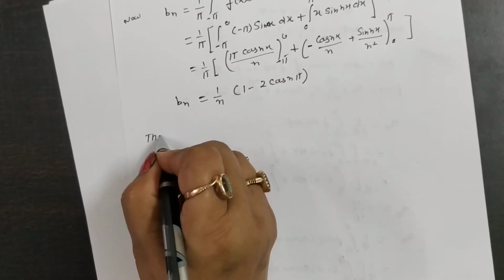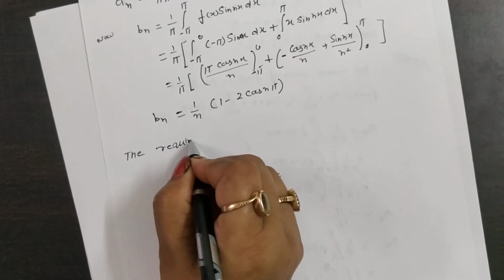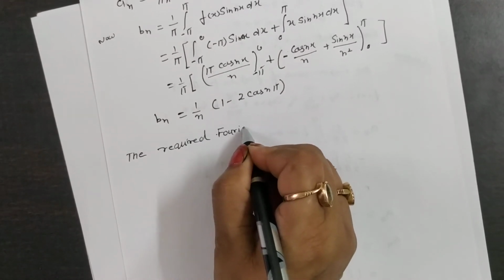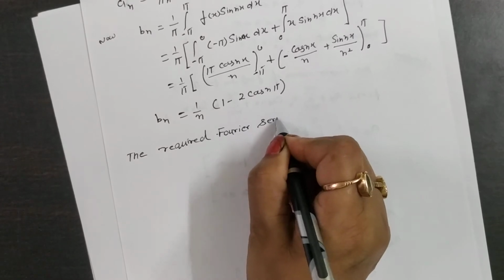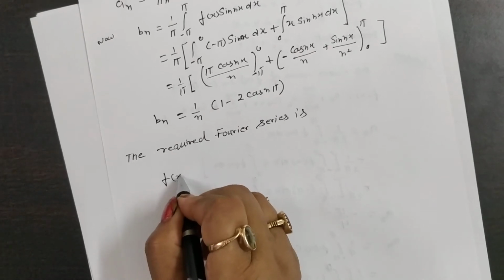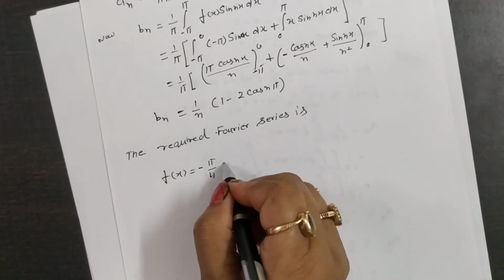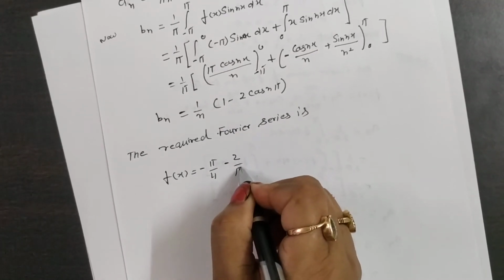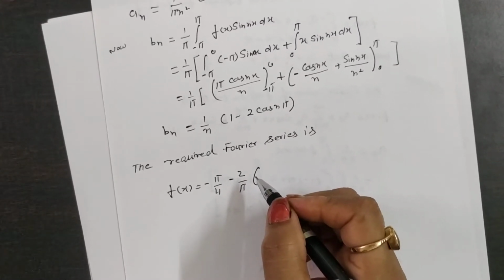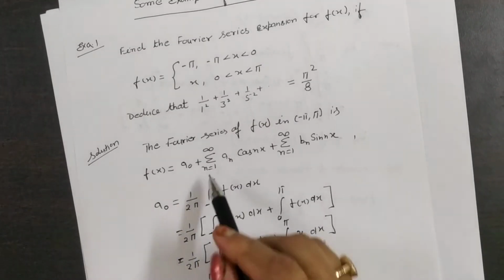Therefore the required Fourier series becomes f(x). Now substituting a0, which is minus pi by 4, and now substituting this one, which is minus 2 by pi, and here the summation is n from 1 to infinity.